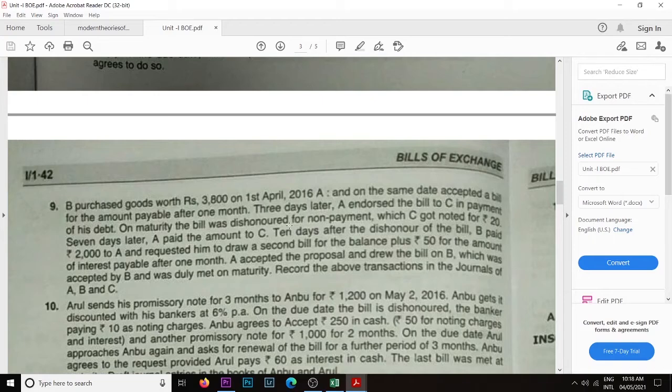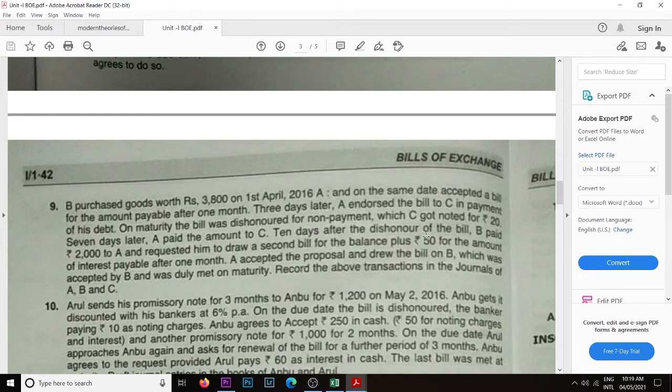On the maturity, bill was dishonored for non-payment and C got noted for ₹20. 7 days later, A paid the amount to C and 10 days after the dishonor of the bill, B paid ₹2,000 to A and requested him to draw the second bill for the balance plus 50 interest and the amount of interest payable after 1 month. A accepted the proposal and drew the bill on B, which was accepted by B and was duly met on maturity.